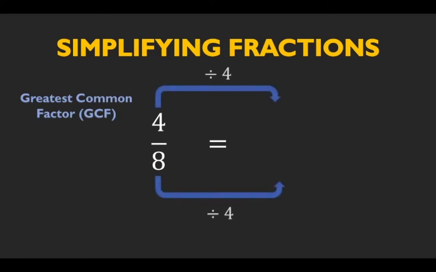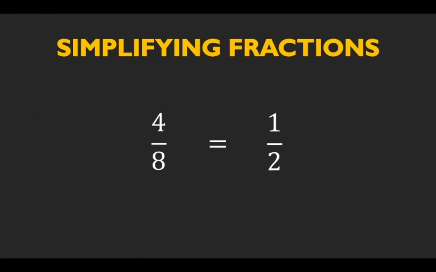The GCF for the numerator, 4, and the denominator, 8, is 4. Hence, we divide both by 4. In doing so, we get 1/2 as the lowest or simplest term of the given fraction. We have simplified 4/8 into 1/2.